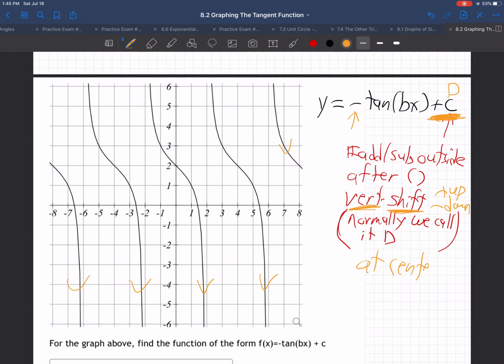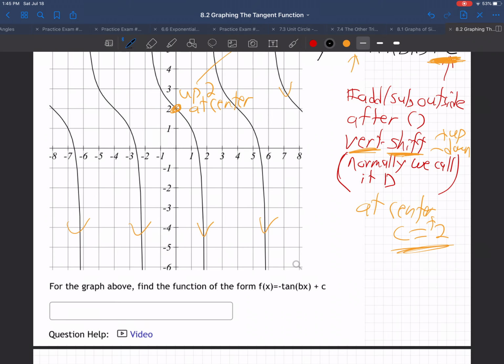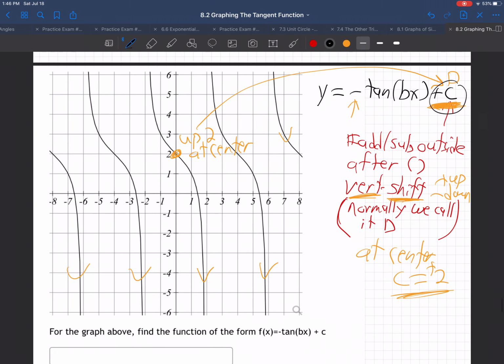So at the center, where is this graph? Well, there it is. It's up to 2 at the center. So that means this, call it C or D or whatever you want, has got to be a 2. We're calling it C here, so C has got to be a plus 2. So far, we're getting pretty close. The number outside the parentheses has got to be plus 2, up 2, because that's right at the center.